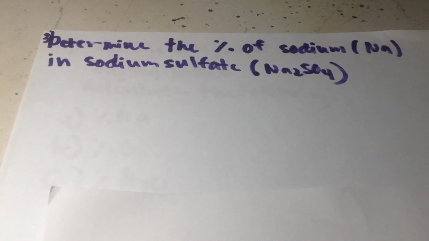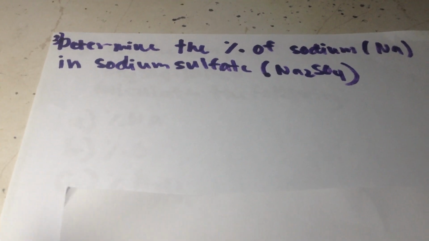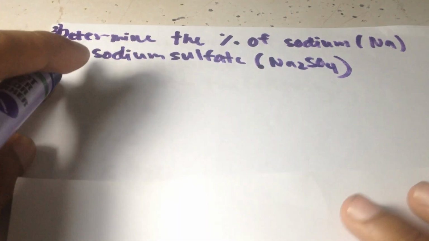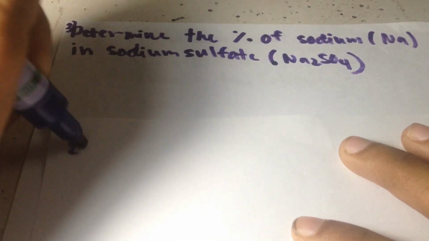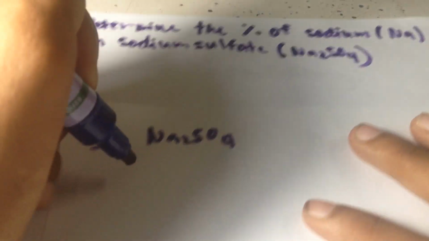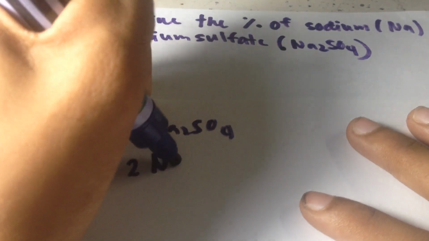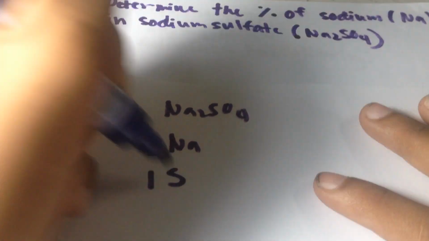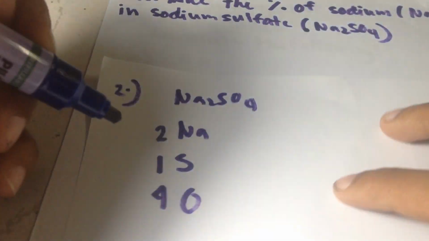Continuation, number 2: determine the percent of sodium in sodium sulfate. Okay, number 2, sodium sulfate. So 2 moles of sodium, 1 mole of sulfur, and 4 moles of oxygen.